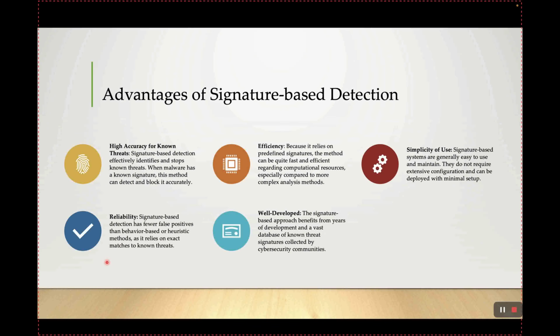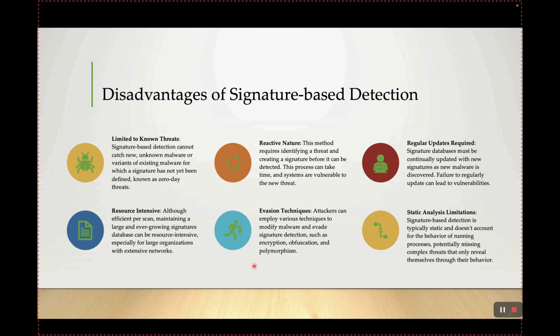Reliability. It has fewer false positives than behavior-based, heuristic or anomaly detection because it relies on exact matches to known threats. It's well developed, because this approach can benefit from years of development and a vast database of known threat signatures collected by cybersecurity communities.